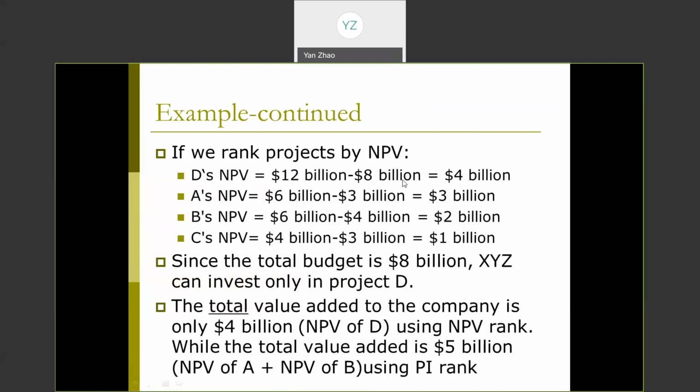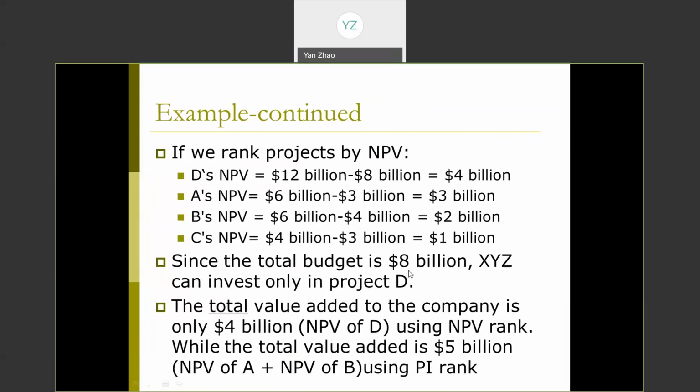And then we rank all the projects according to the net present value. Project D has the highest net present value, $4 billion, followed by A, B, and C, $3 billion to $1 billion. Since our total budget is $8 billion, according to the rank of the net present value, we can only do Project D because Project D will require exactly $8 billion.